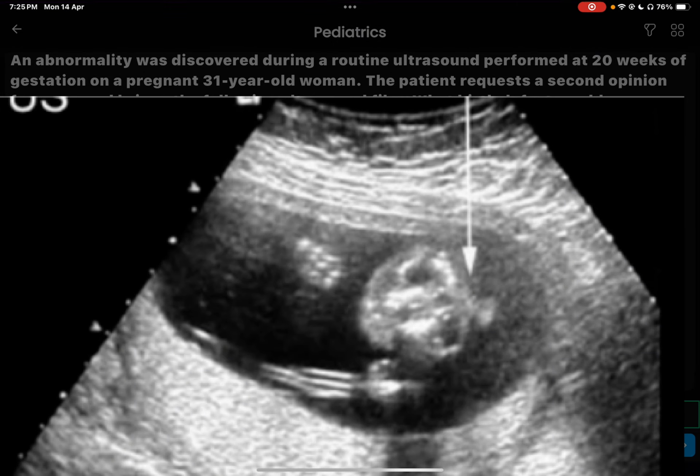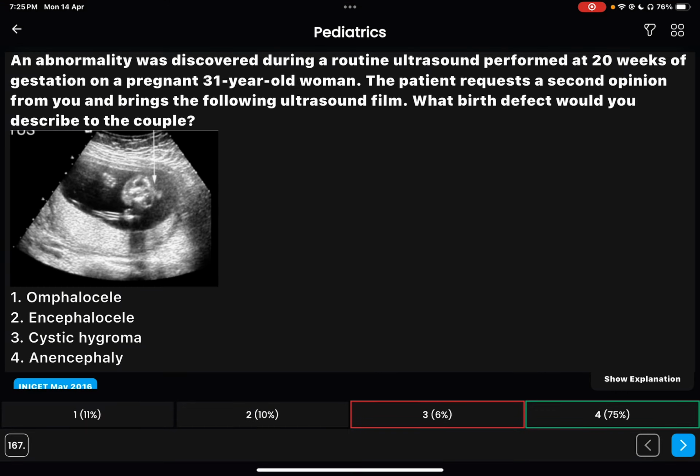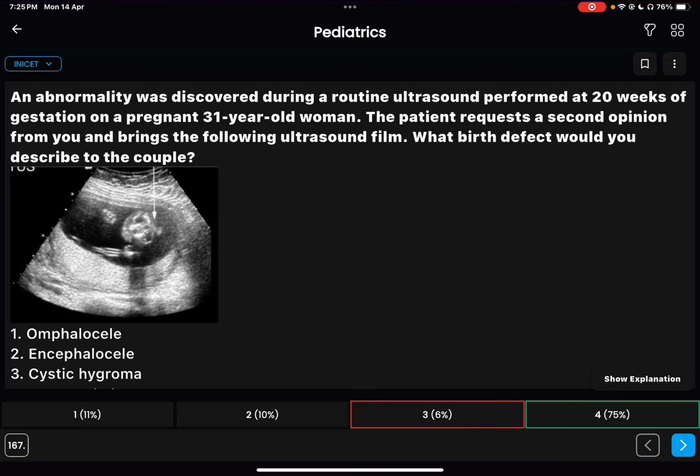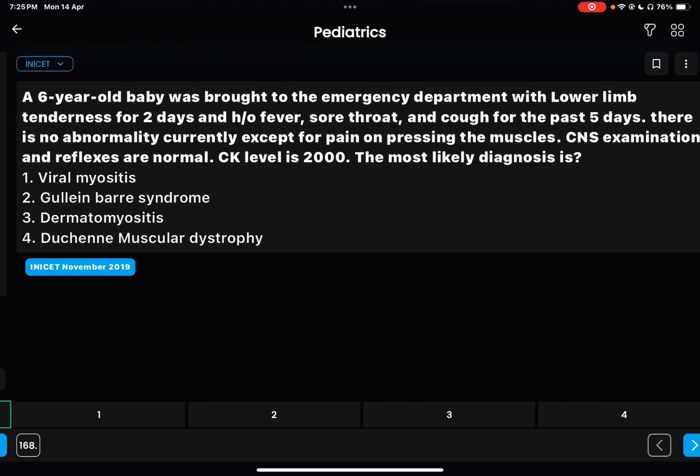In this scan, the cranial vault is absent. So anything pointing to the head, you should be able to answer anencephaly.